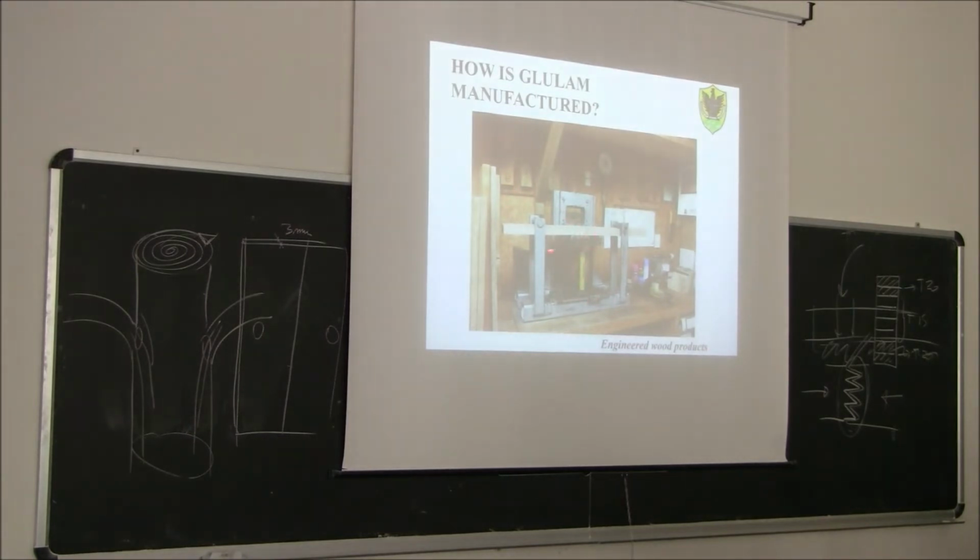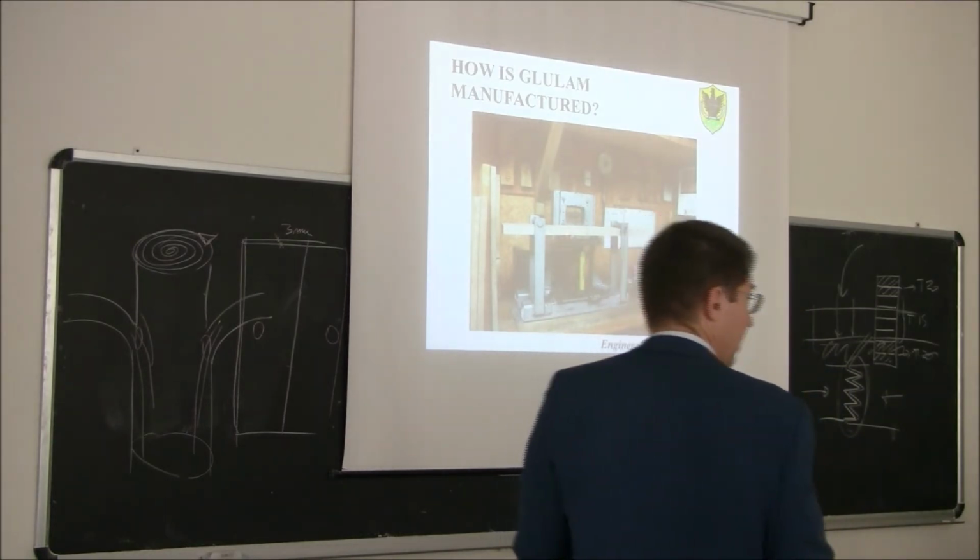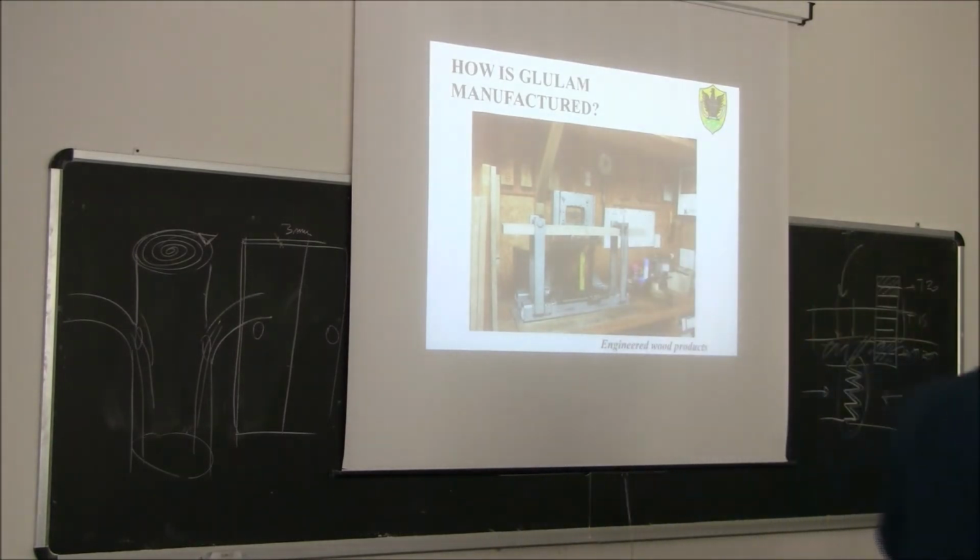This is a 2-point load, so this one goes up until the finger joint breaks. The outcome of the test should be that the failure, hopefully, will occur in the wood rather than the finger joint. Or if it occurs in the finger joint, it should anyway be higher than the strength class of the wood itself. Okay?